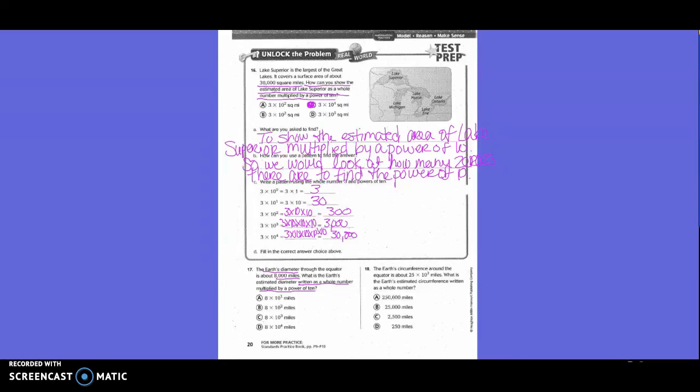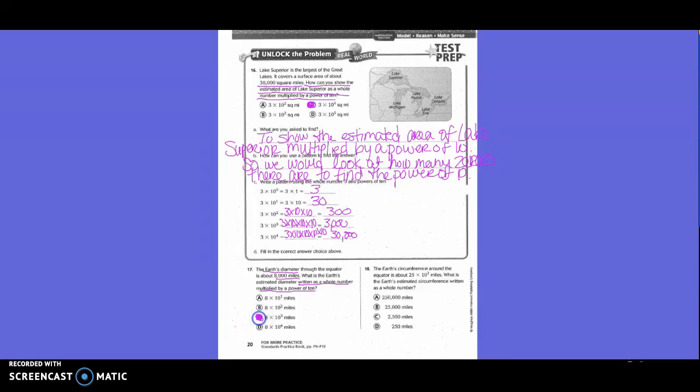So you know automatically you're going to have 8 times 10. So that fits all of those, right? But what's going to be our exponent? How many zeros are there? 3. So we would do 8 times 10 to the third miles.